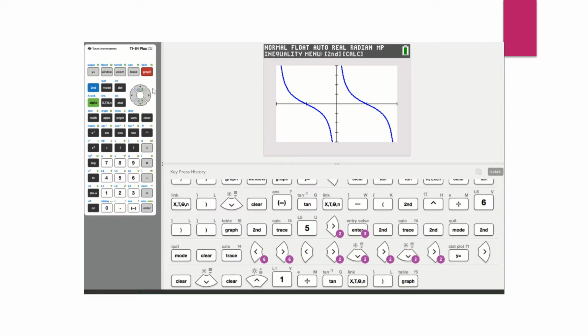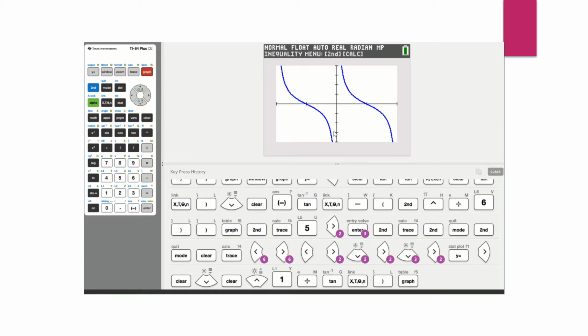It's reflected right there. And, Shazam, there we go. And I've got an asymptote at pi. My period is pi. And so I've got an asymptote here at pi and at 0. Okay.